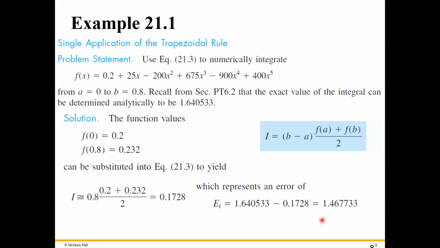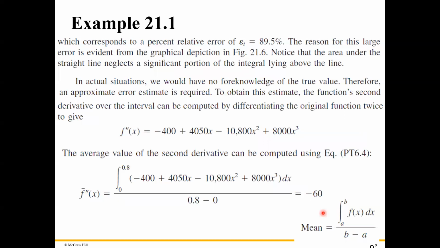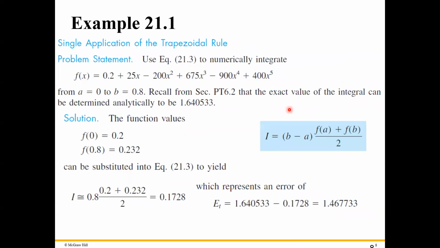There will be an error, but this is just for illustration purposes. For an actual solution, this type of error is not acceptable. You can get the 89.5% error from, for example, 1.46 divided by 1.6405 times 100, which is 89.5% error.